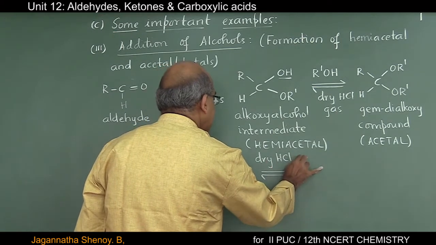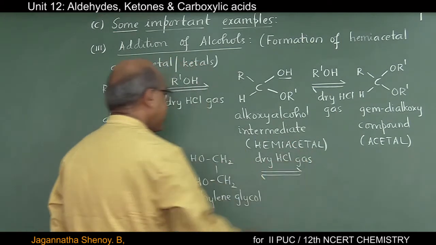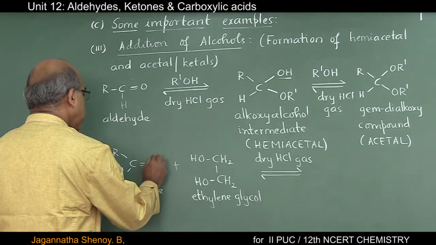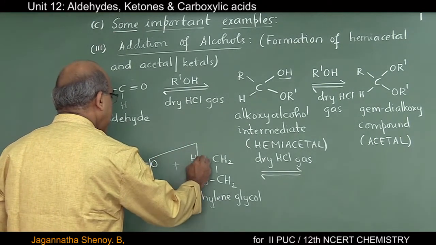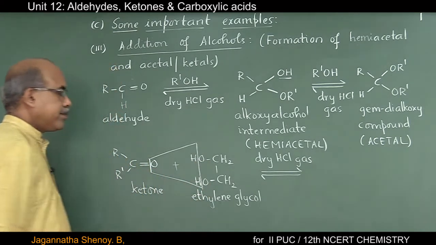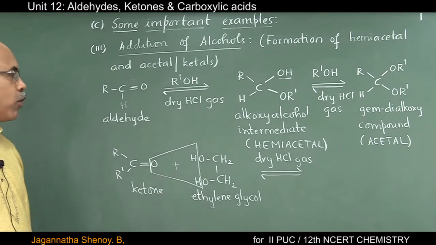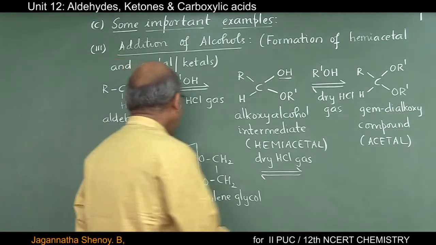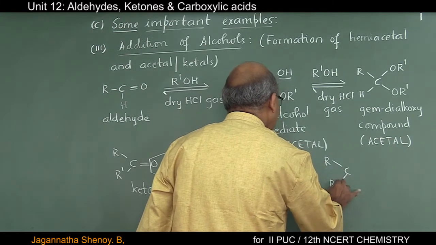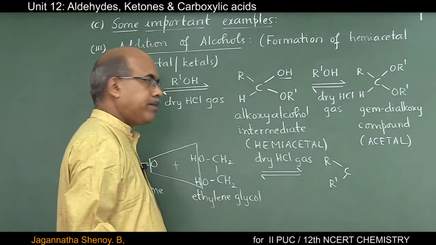Dry HCl gas. So a molecule of water is removed: oxygen from here and 2 hydrogens are removed. So what we get here is R single bond C, and we have R dash.